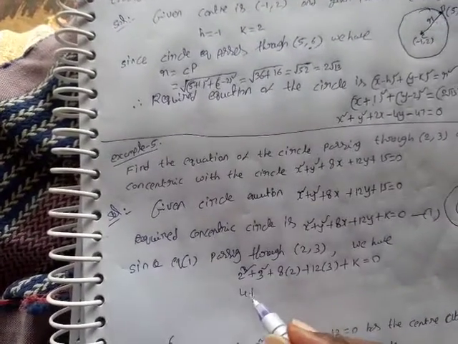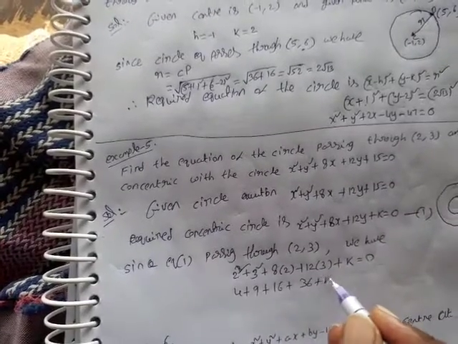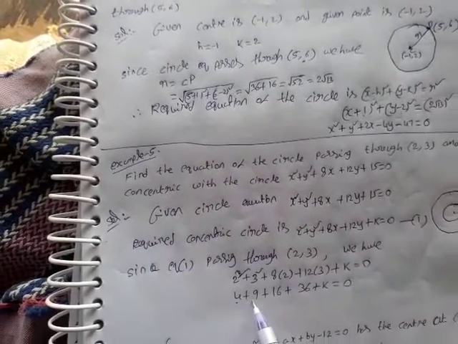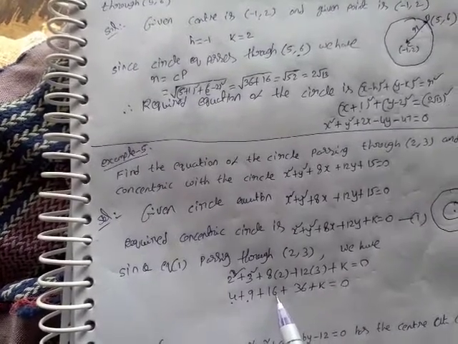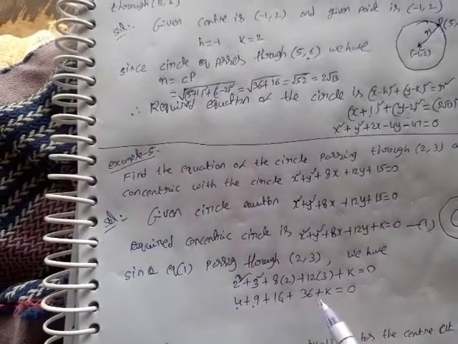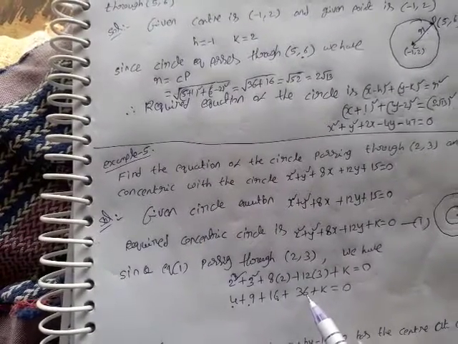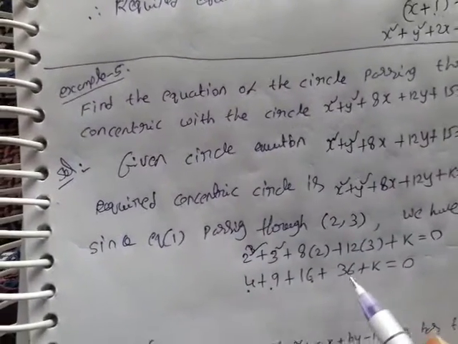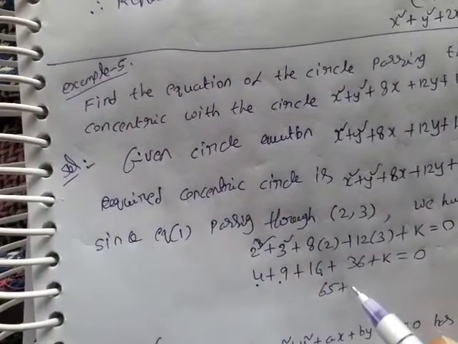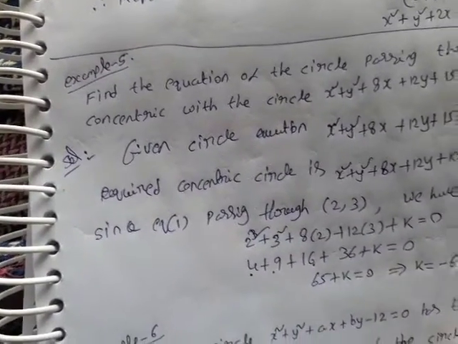That is 4 plus 9 plus 16 plus 36 plus k equal to 0. 4 plus 9 is 13, 13 plus 16 is 29, 29 plus 36 is 65. That is 65 plus k equal to 0, so k is equal to minus 65.